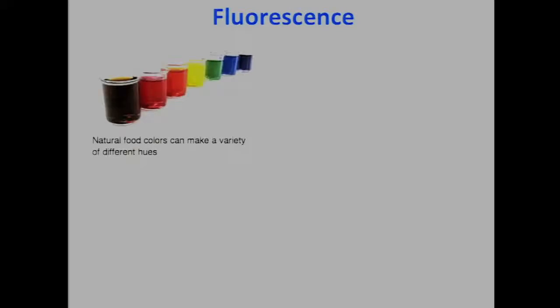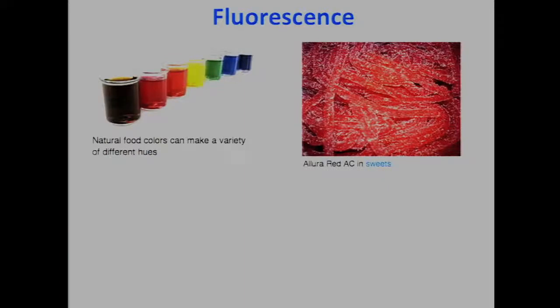And fluorescence, we have heard quite a bit about fluorescence today, but let me just remind the young audience here in the hall. We use molecules in food coloring. You are probably familiar with gummy worms and other types of food that are colored.